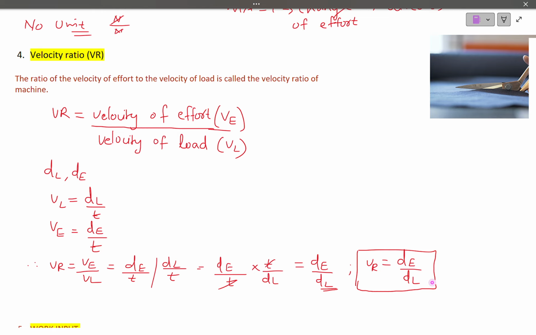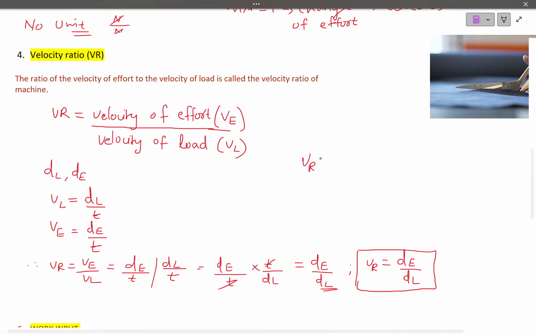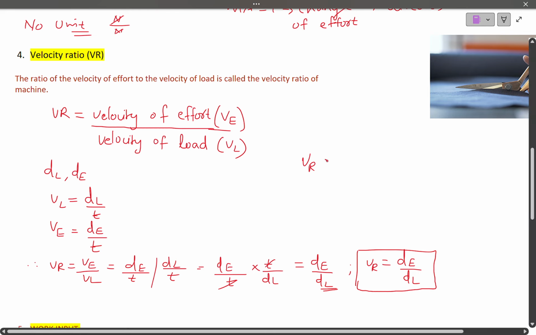Here, velocity ratio can have three possible values like mechanical advantage. If velocity ratio is greater than 1, that means it can act as a force multiplier.